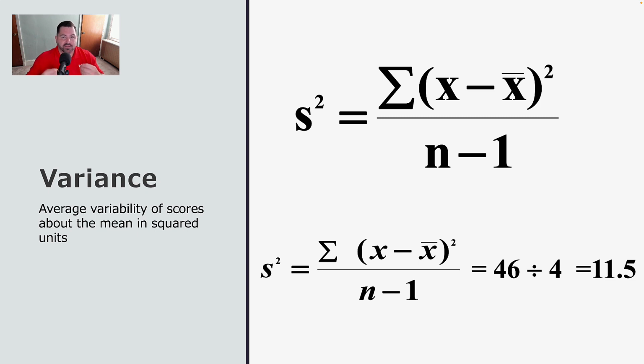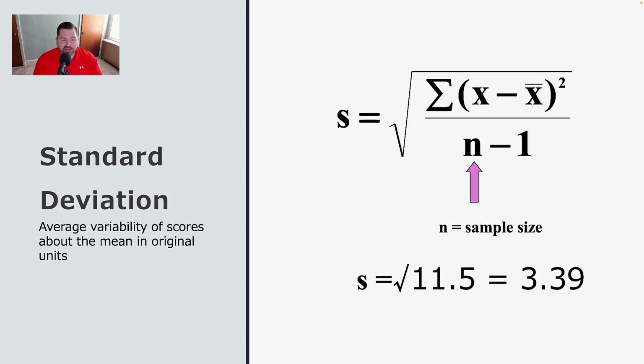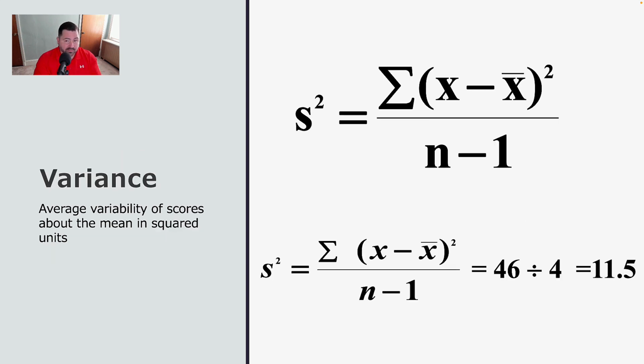It's just in the units in which they are represented. When we talk about variance, we're talking about things in squared units. When we talk about standard deviation, we're talking about representing the variance in the original units of the metric.